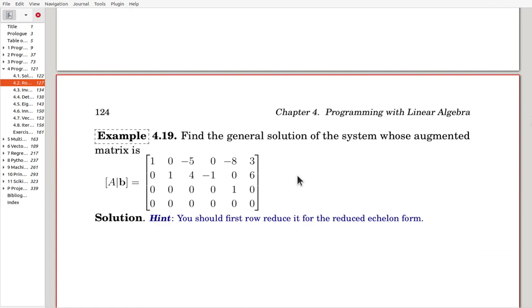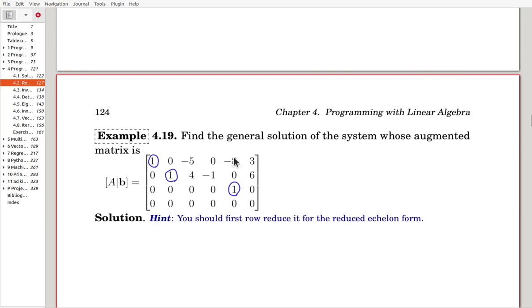Find the general solution of the system whose augmented matrix is given in this way. That means we have to find all the solutions. From this augmented matrix, we have to reach the reduced echelon form. Now this is a leading one, and another leading one, and another, but it's not in echelon form.